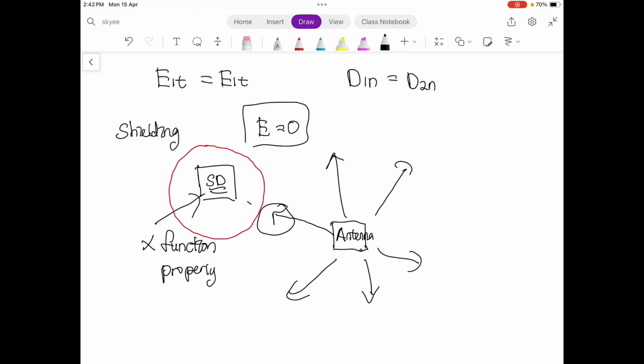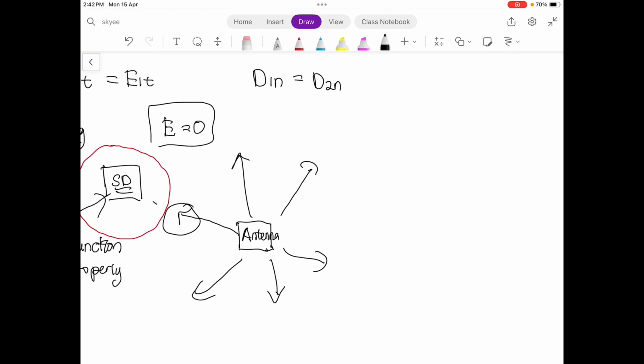Why is the electric field in the conductors equal to 0? I think I explained it before in my video. So this is a conductor. When the conductor is exposed to an external electric field, this is the direction of the electric field.